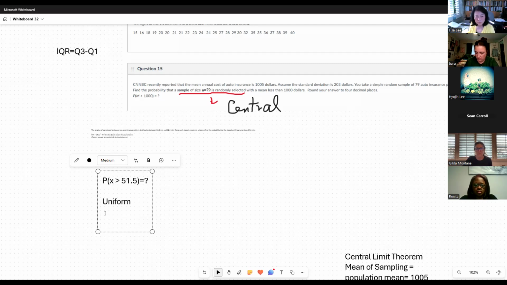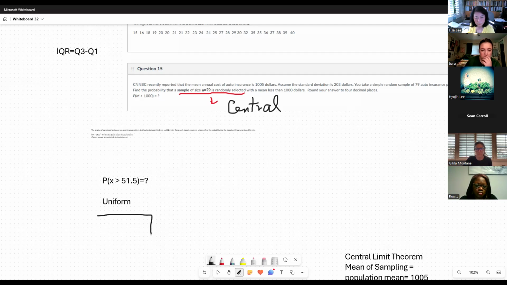So we need to think of a rectangle like this. A single rectangle on top is the uniform probability, the chance for each one.